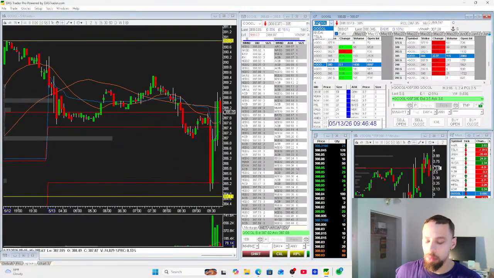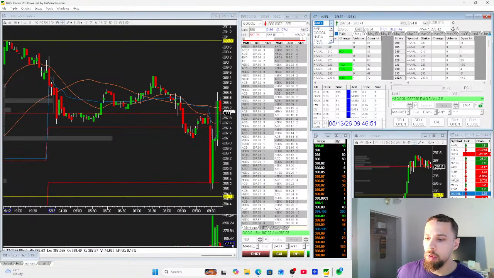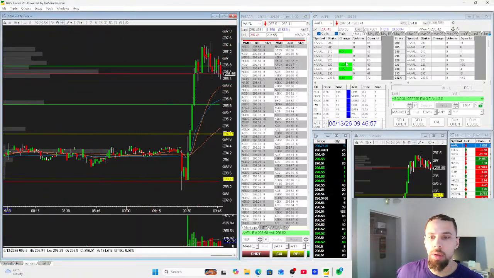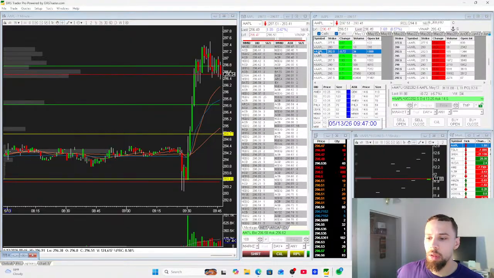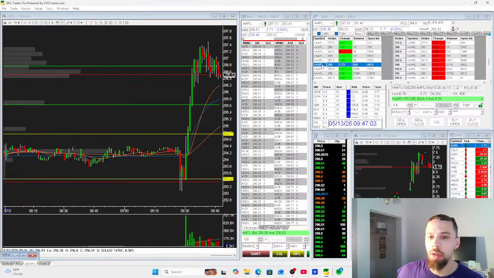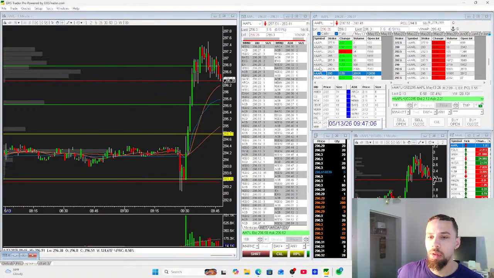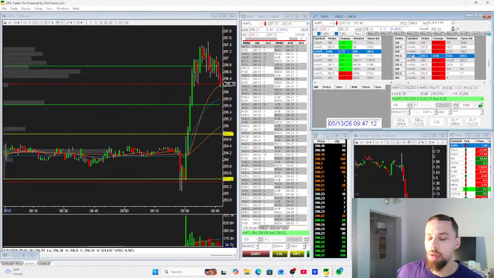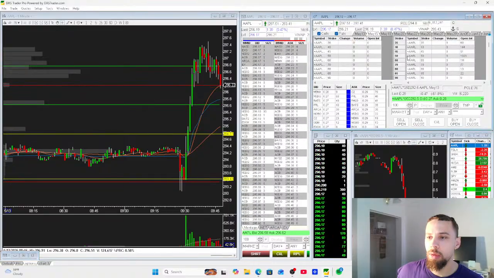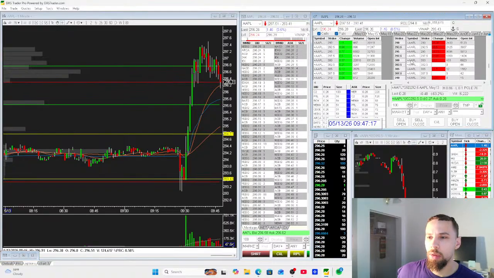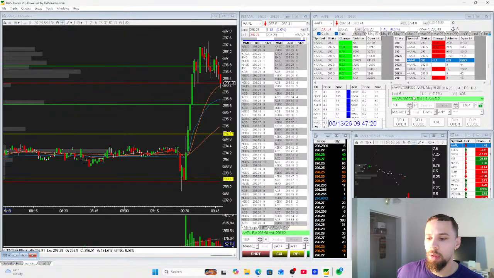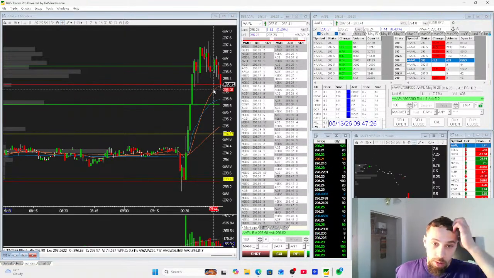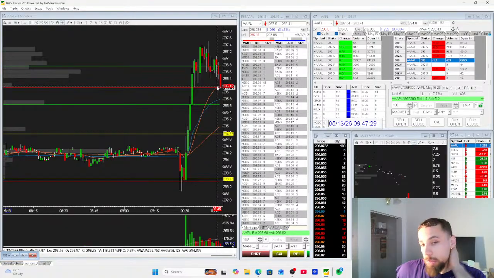Apple's interesting. Apple, nice pullback to the 9 EMA here.